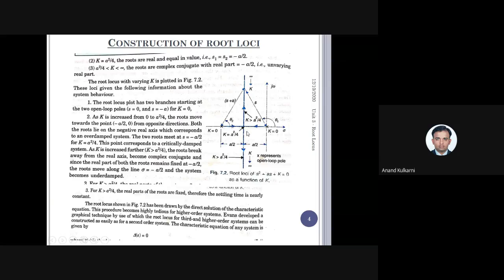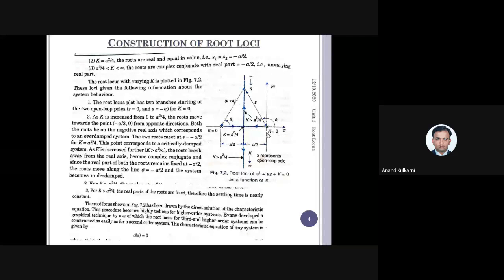After meeting here, one root will start moving upwards because its imaginary part will be positive, but the real part will always be −a/2 only. Whereas another root will start moving downwards because its imaginary part will be negative.